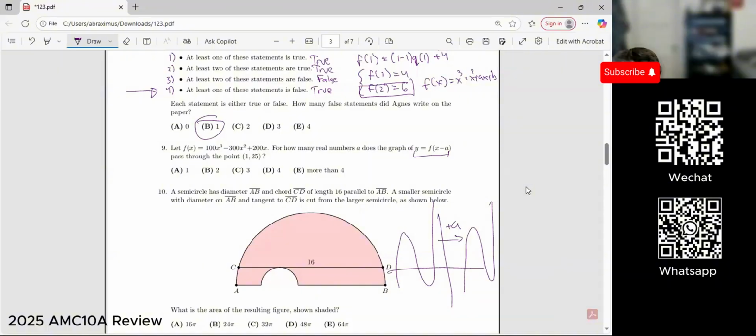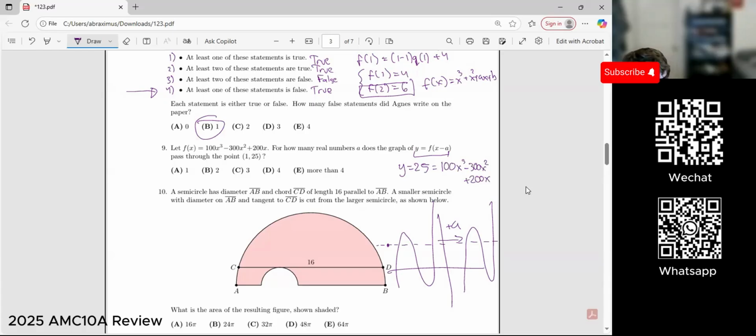So we're just asking how many times can we translate the graph so that it will pass through this point, which is equivalent to asking how many times does the line y equals 25 hit this equation, 100x cubed minus 300x squared plus 200x.